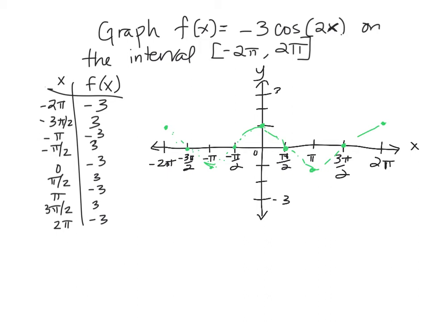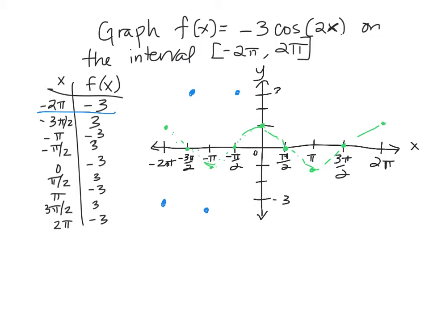So now if we draw this new graph, f of x equals negative 3 times cosine of 2x, at negative 2 pi, it goes to the left because it's negative 2 pi and goes down 3. So that's here. And then at 3 pi over 2, it goes up to positive 3. And then at pi, it goes to negative 3 and back.